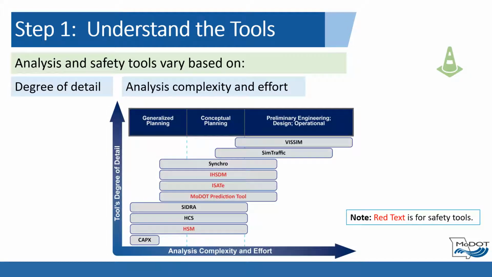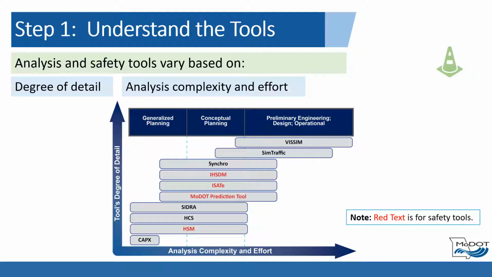The figure on this slide displays analysis complexity and effort on the x-axis and tool's degree of detail on the y-axis, with analysis and safety tools arranged based on their capabilities and intended uses.